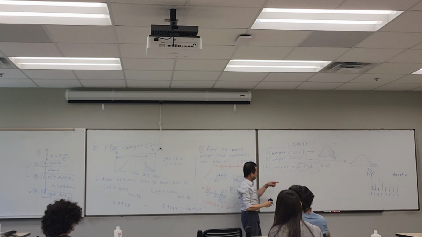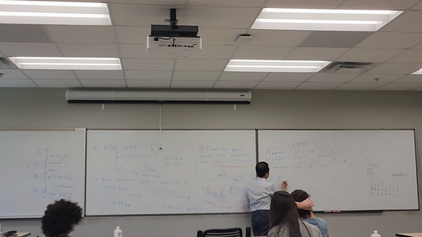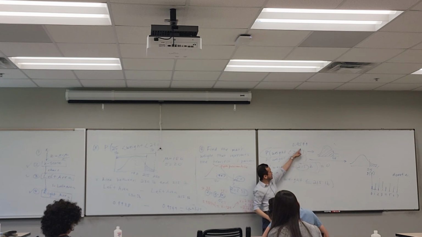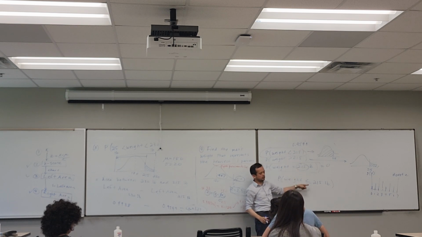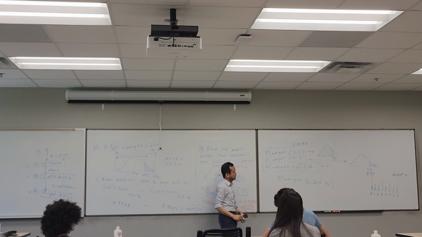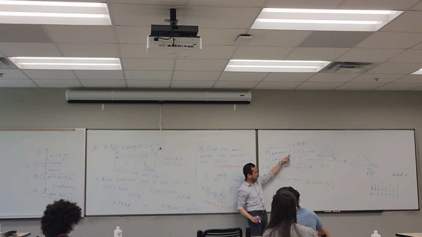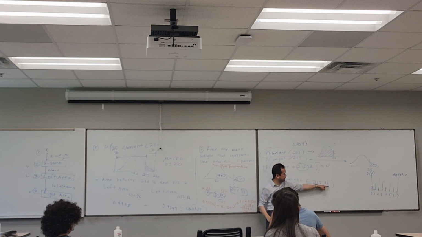But let's say that I were to ask you what's the probability that a weight is less than or equal to 215 pounds. So compared to the previous answer of 0.9599, do you think it should be the same, less than, or greater than? The difference is, the previous one was strictly less than, but now we're including the 215 pounds as well.